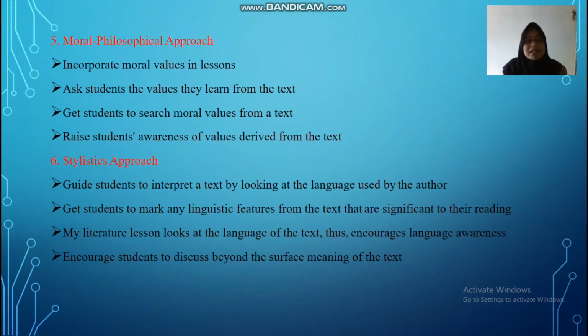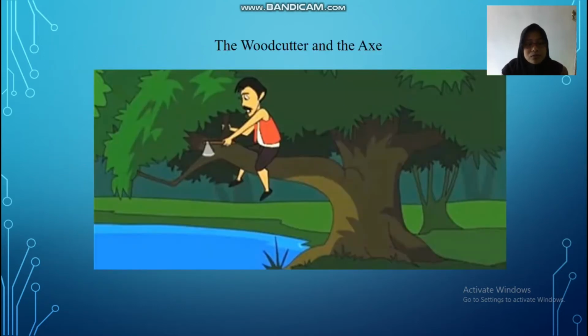And the last, the stylistic approach. There are 4 points. You can read them in the slide on this page, and let's continue.